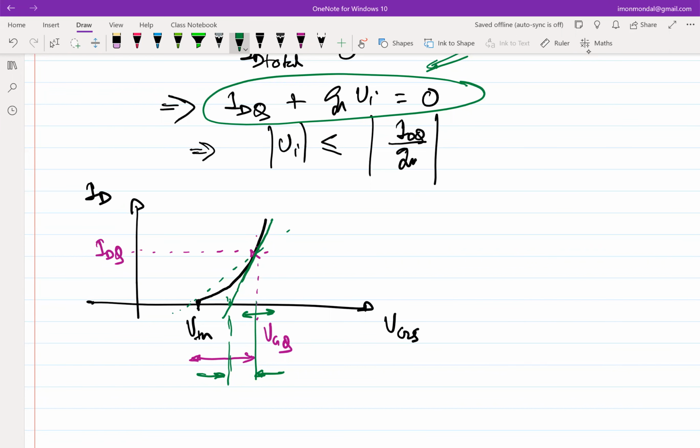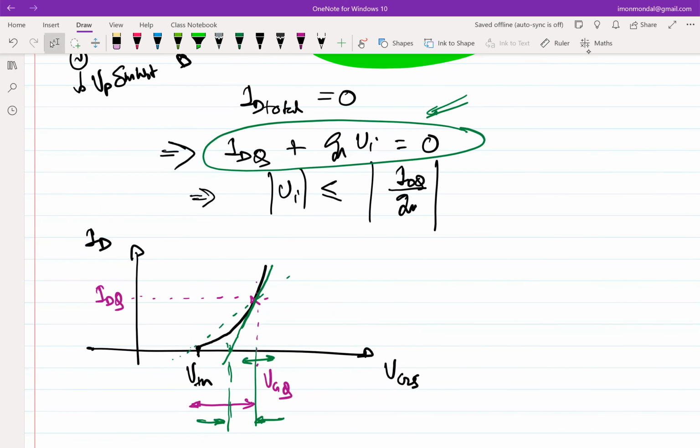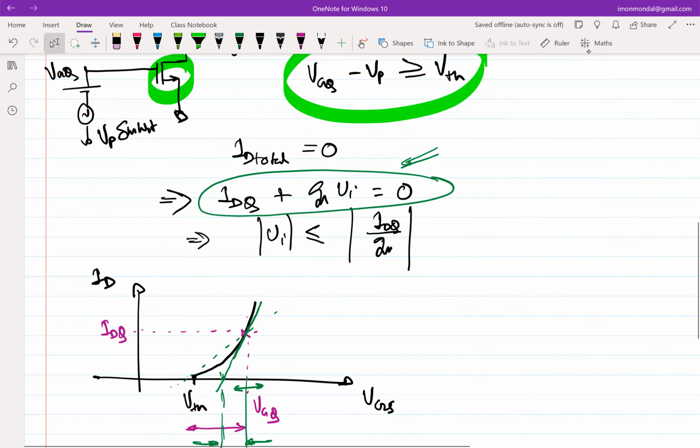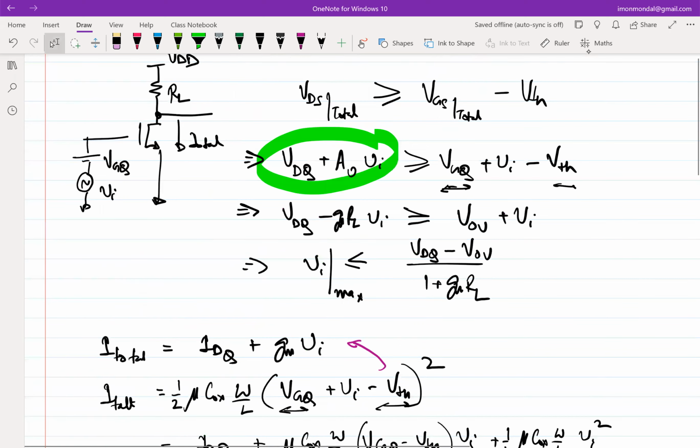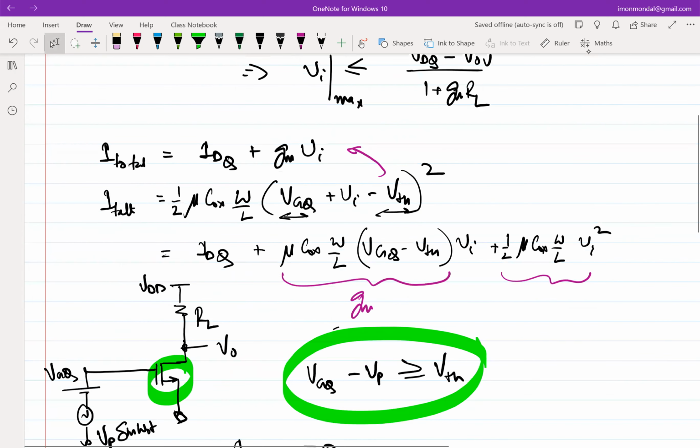Does that make sense? Sir, so on the first equation, yes. Even basically transistor might go from saturation region to linear region as well. Which equation? The earlier equation, like, you mean this equation, VGS minus VP is greater than VTH.